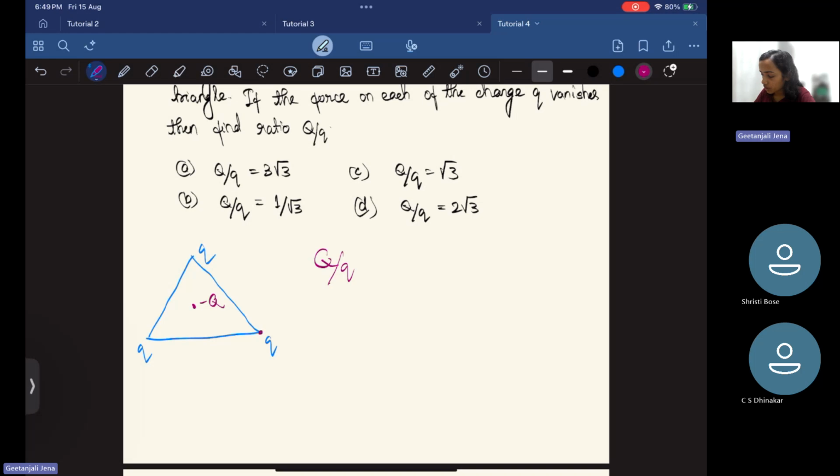So for this point charge, it's given the force on each point charge is 0. Let us see for this second charge Q: this will give a repulsive force F1, this will give a repulsive force F2, but the minus q will give an attractive force F3.